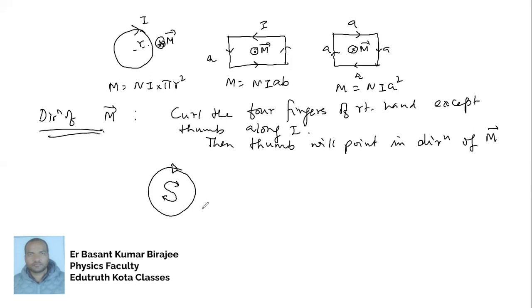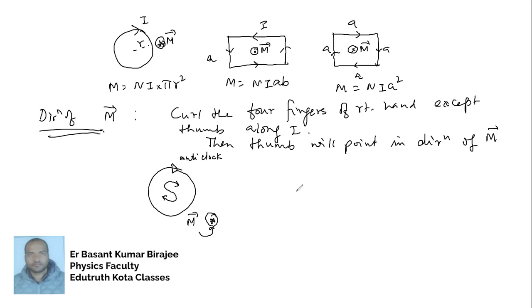The loop is on the screen, and we are looking from the top view. This means the outer part of this loop behaves as the south pole, and the inner part is the north pole. That's why the magnetic moment here is inward. We just put a cross for inward.